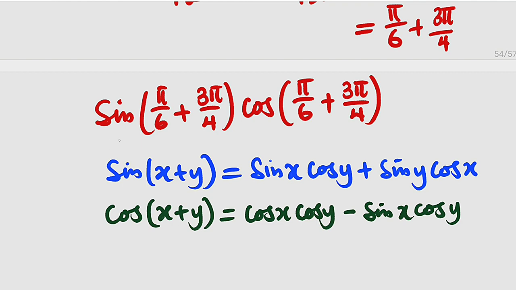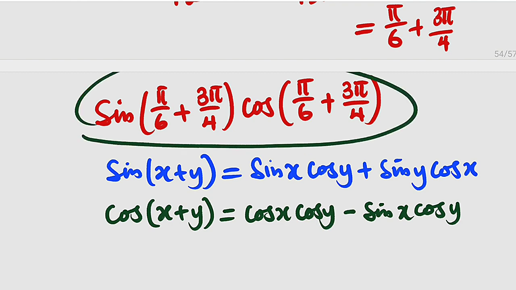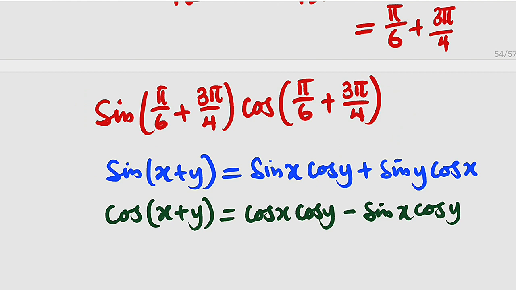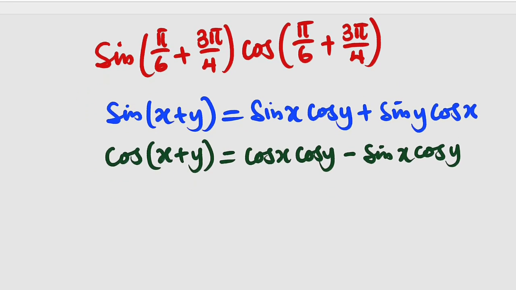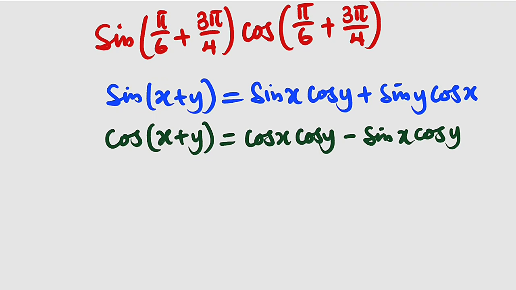We are going to apply the same thing in simplifying these two expressions. Though it is a single expression, we have sine of pi divided by 6, for which our x here is equivalent to pi divided by 6. So for sine, we have sine of pi divided by 6 cosine of 3 pi divided by 4.